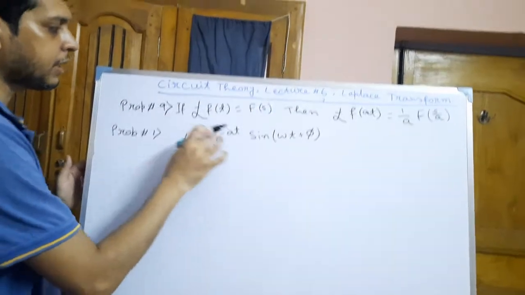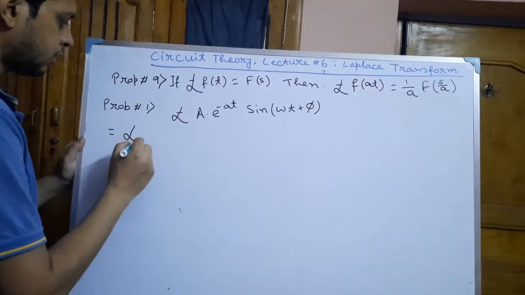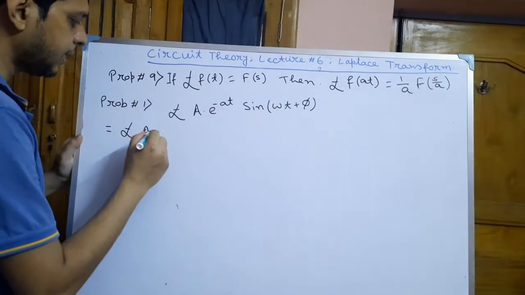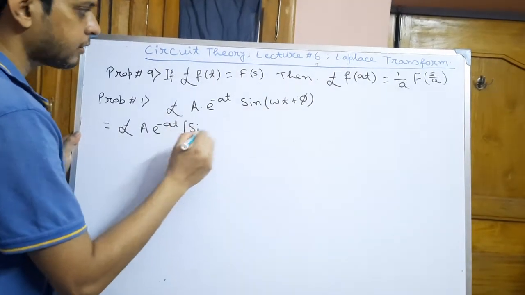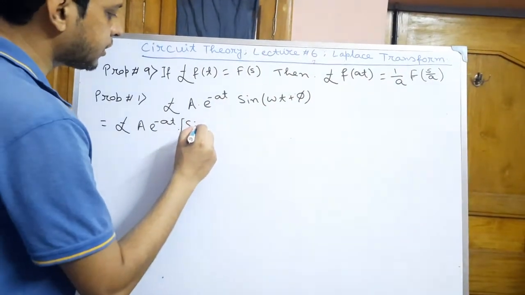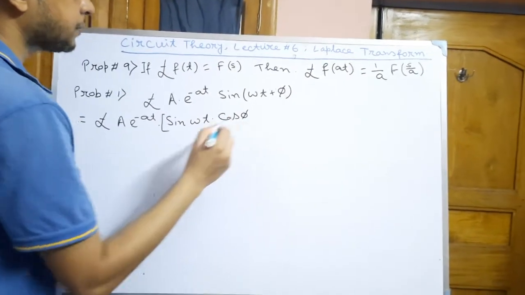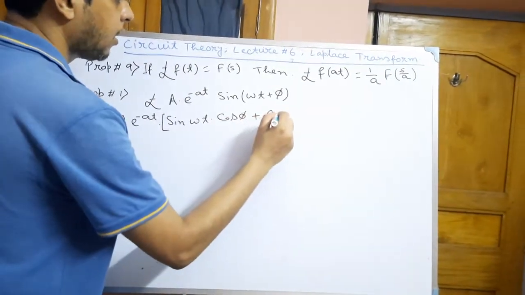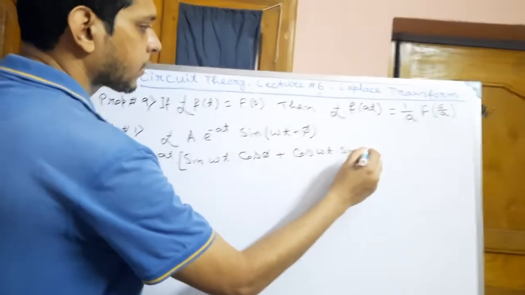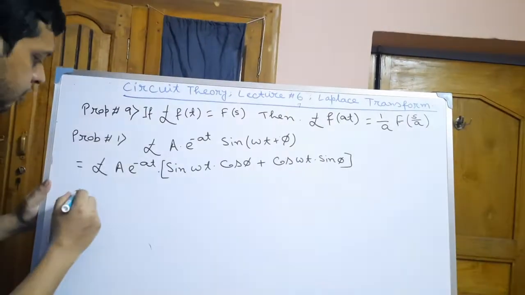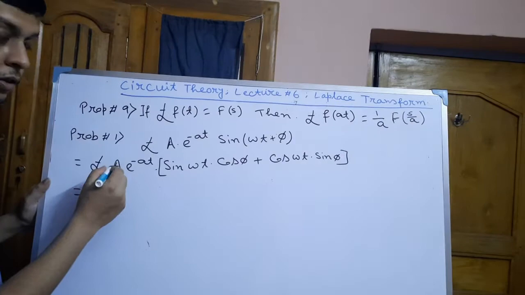So this is the Laplace transform of a e to the power minus at sin omega t plus phi, equal to what? Sin omega t cos phi plus cos omega t sin phi.